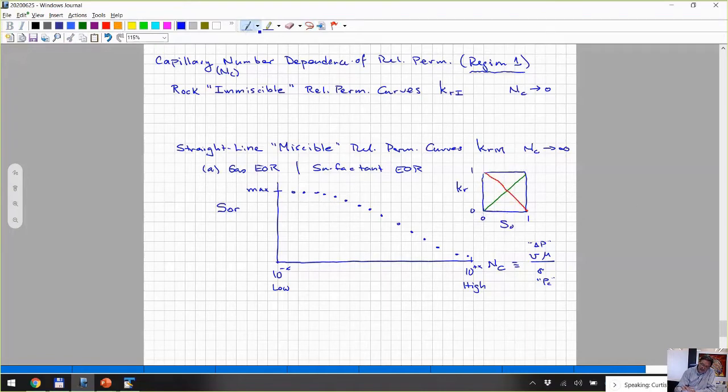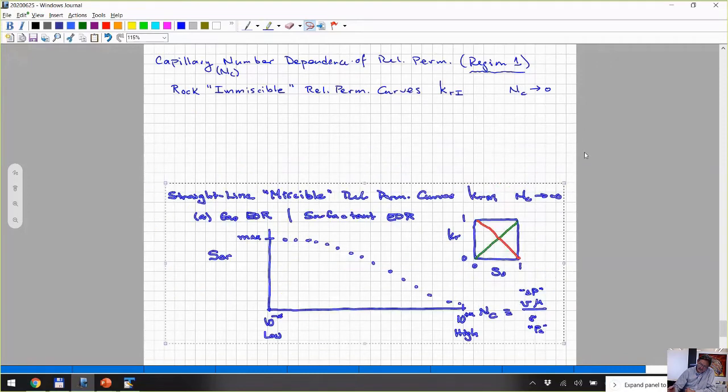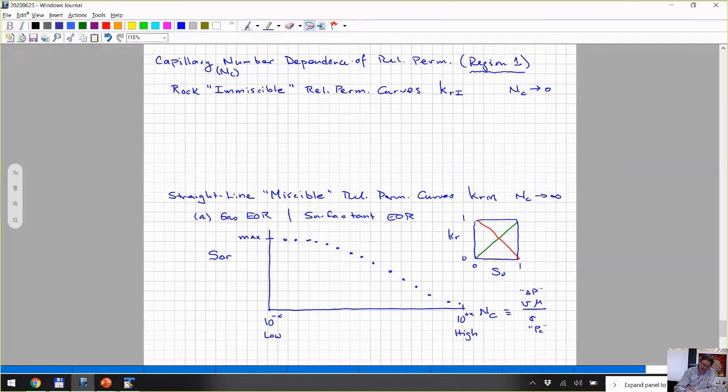And then if we're doing the immiscible, the cartoon is going to look something like this. Everybody knows kind of how these should look. KR oil, and here I'm going to take it from 1 or some number here.